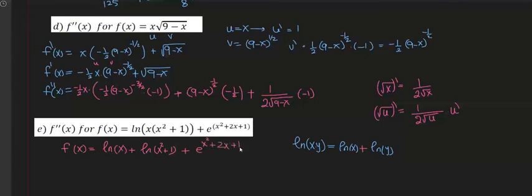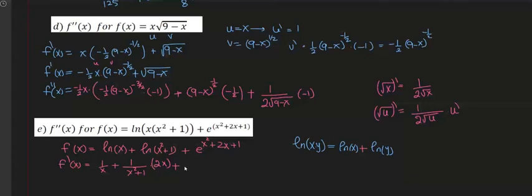We won't benefit from separating these powers, so we might leave it like this, and therefore the f dash is going to be the derivative of ln x, yes, it's 1 over x, plus ln of something, it's 1 over that something, times the derivative of that thing, which is the 2x, and then plus is a separator, so we will get the derivative of that alone, the derivative of the exponential, because we have the function in the power, so we will not drop it and subtract 1 like we do with the numbers, right?